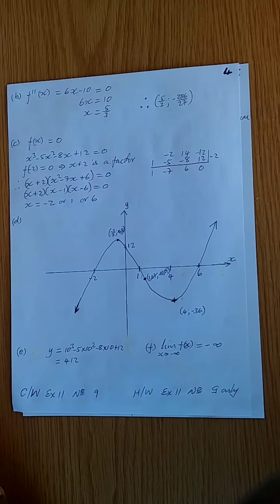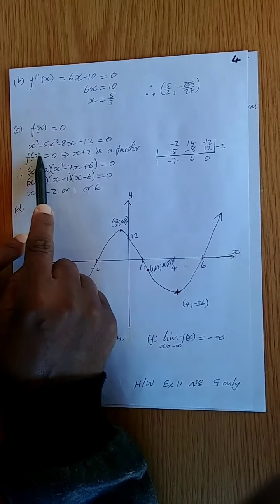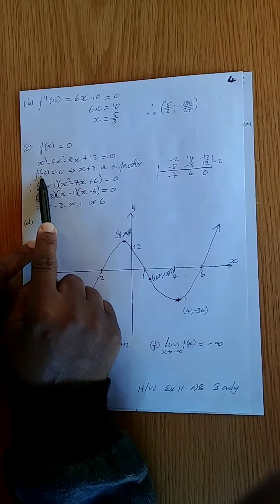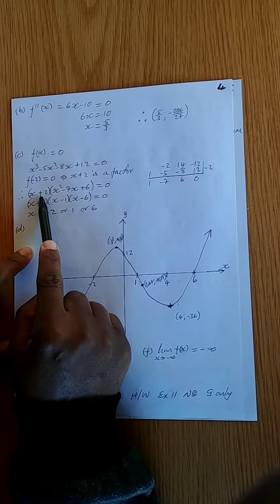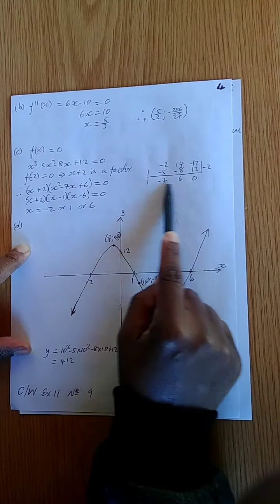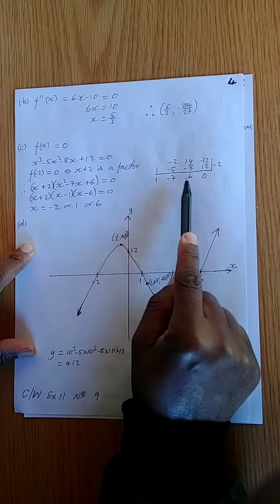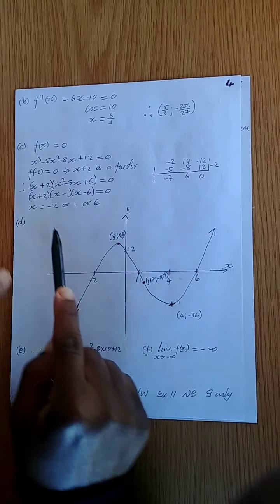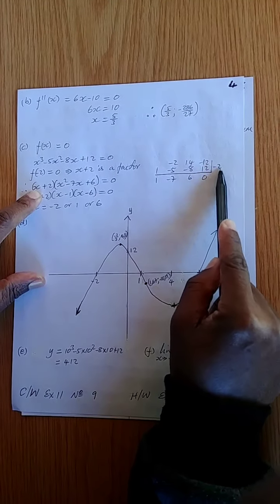Determine the roots of f of x is equal to 0. Again, equating to 0, we go through the experience, we find our factors. We notice that x plus 2 is a factor. Using our synthetic division, we get these coefficients. The rule is we equate this factor to 0, we get a minus 2, we write it here.